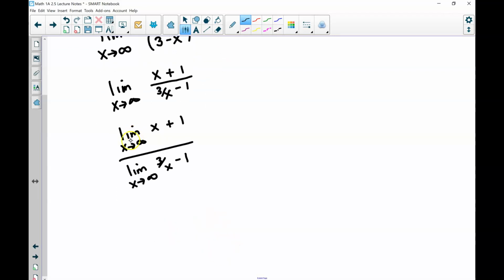Well, the limit as x approaches infinity of x plus 1 is approaching infinity. And in the denominator, the limit as x approaches infinity would then be 0 minus 1, which is negative 1. So the answer would be negative infinity.